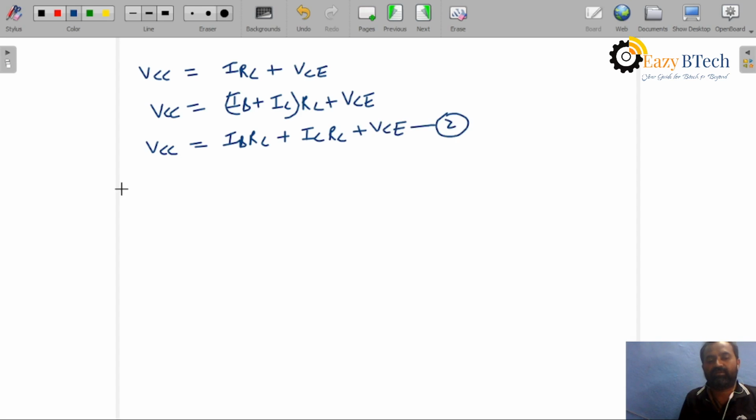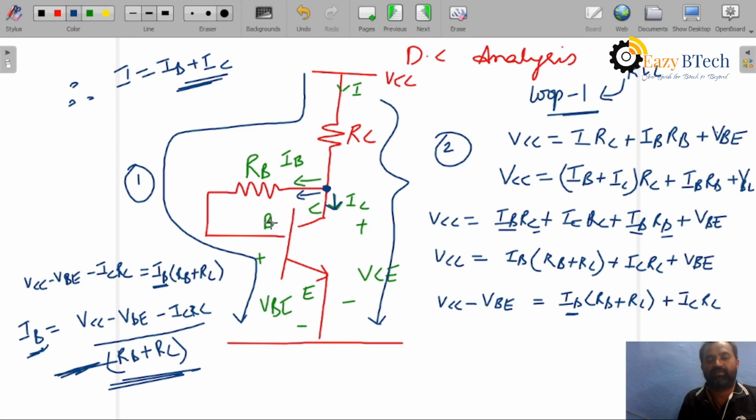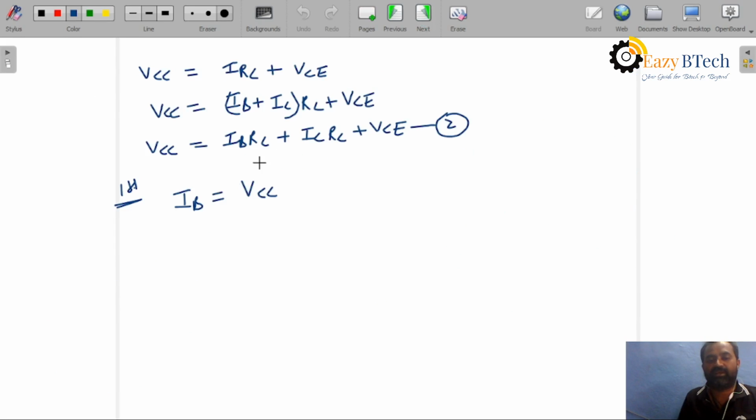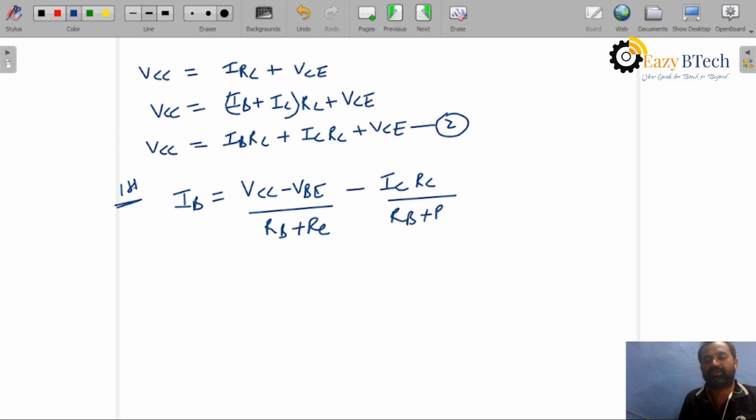Already from the first equation we can obtain that IB is equal to VCC minus VBE minus IC RC, divided by RB plus RC. We will write this in this manner, for easy understanding: VCC minus VBE divided by RB plus RC, minus IC RC divided by RB plus RC.